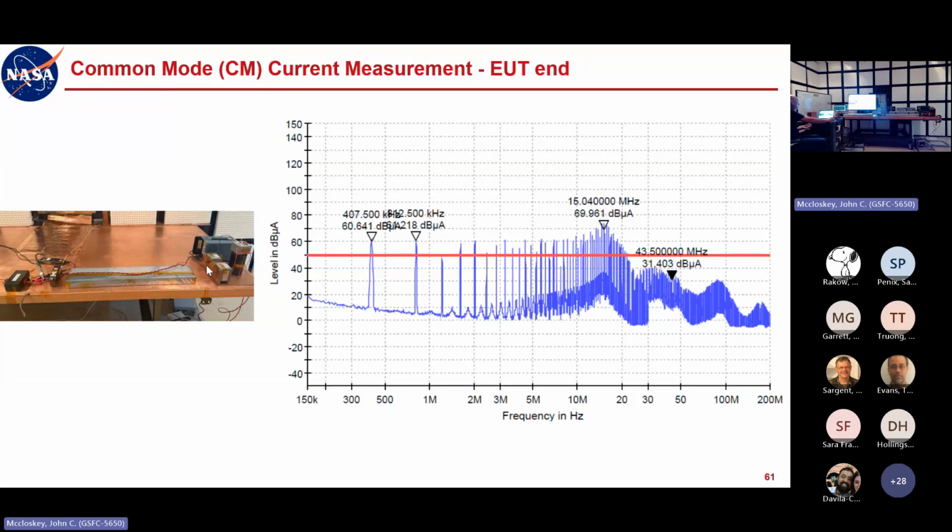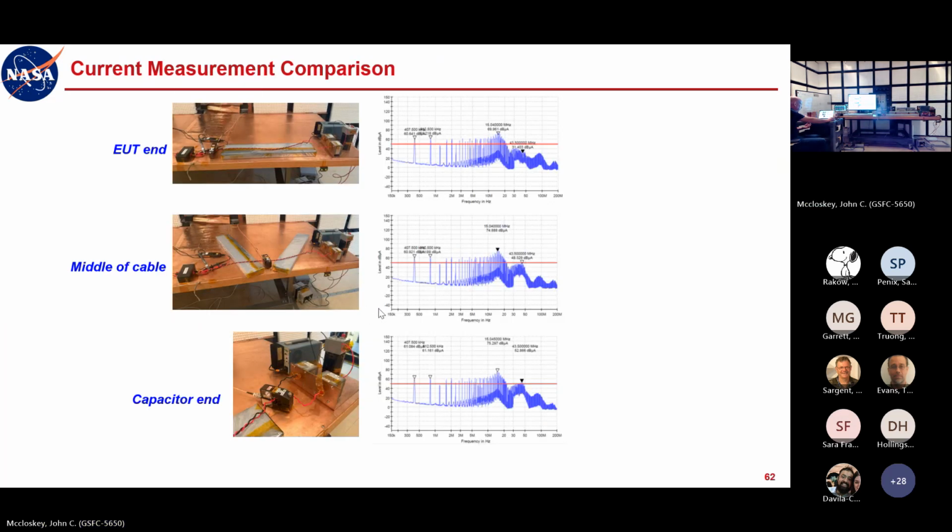When you have a shorted termination, the current max will be at the termination, and then you'll get decreasing values as you move the current probe away from it. So the general recommendation there is when you're making common mode measurements, make them at the shorted termination. That will give you your current maximum.